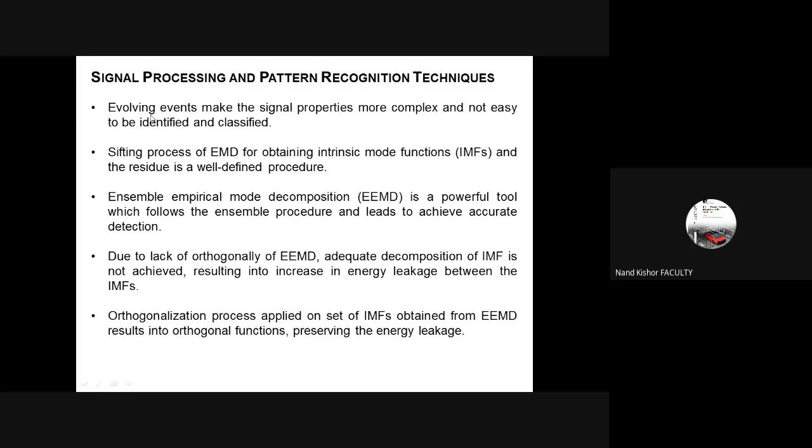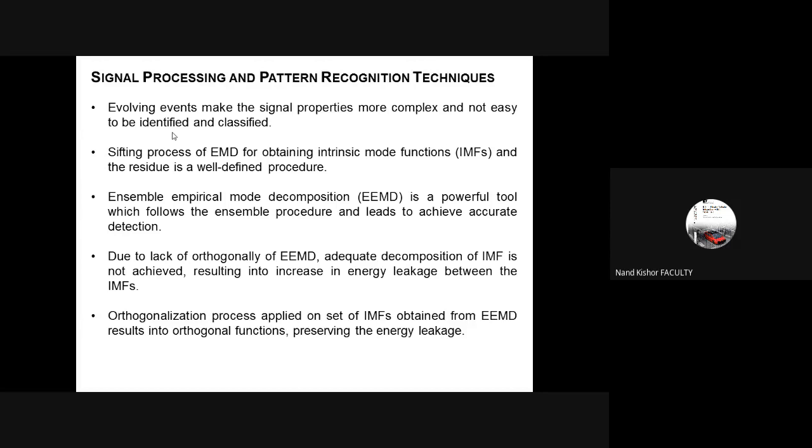So thus we understand that such evolving events have signal properties which are more complex, right? And it may not be very easy to understand their properties, or to identify them. That means the events associated with evolving occurrence cannot be easily identified, and thus classified here.